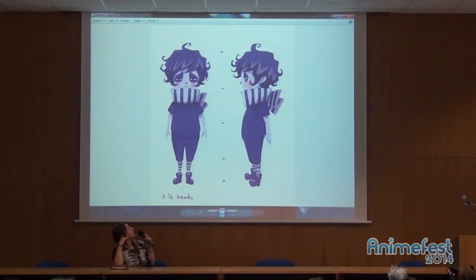I tried to find shapes that are easy to recognize, that aren't that complex, just simple shapes, so it would not confuse the reader, and they could just get to know the character by just looking at them, and you don't have to be distracted by too many details.